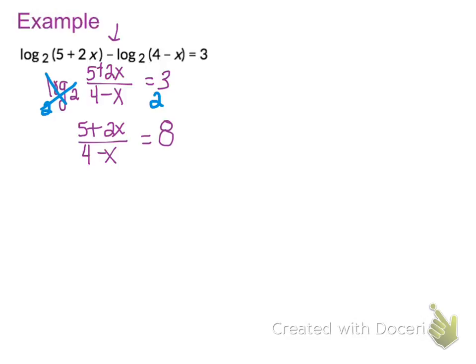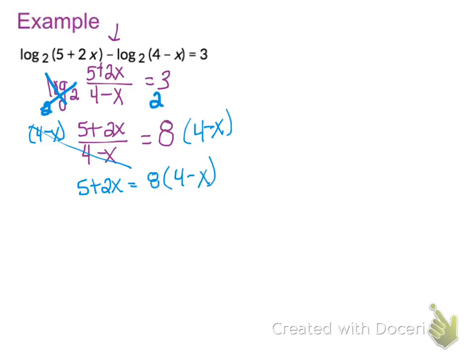So I'm going to go ahead and multiply both sides by 4 minus x to undo that division. That's going to cancel out my denominator. So I have 5 plus 2x equaling 8 times (4 minus x). You're going to want to go ahead and do the distributive property to eliminate those parentheses. So you have 5 plus 2x equaling 32 minus 8x.